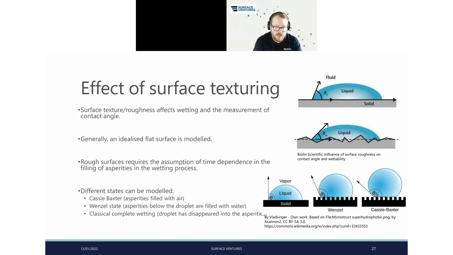There's the Wenzel state, where the asperities below the droplet are filled with water. So you can see that our contact angle there is taken from a slightly different point than Cassie-Baxter. And then we have our ideal surface, or our classical complete wetting, where the droplet has disappeared into the asperities, and we can look at this like our ideal surface.